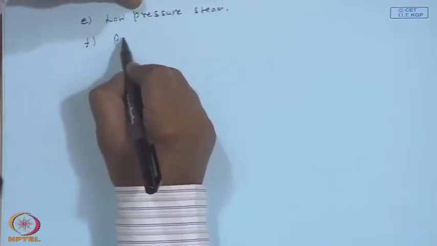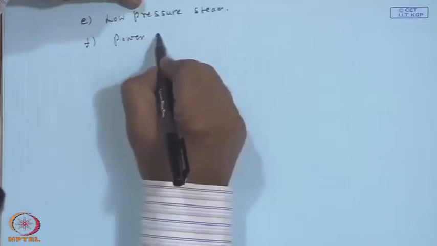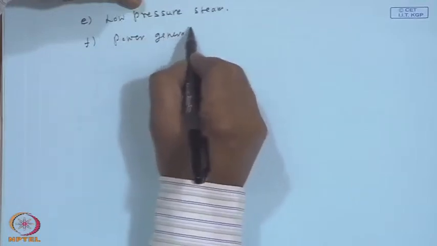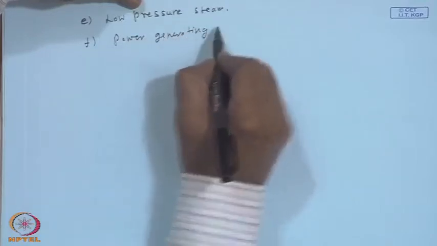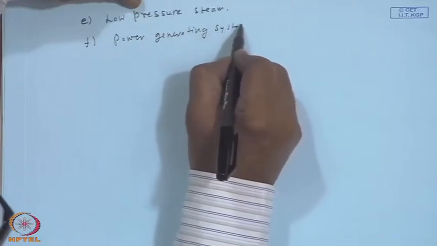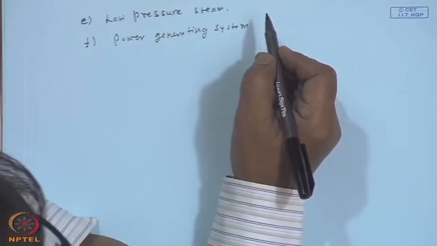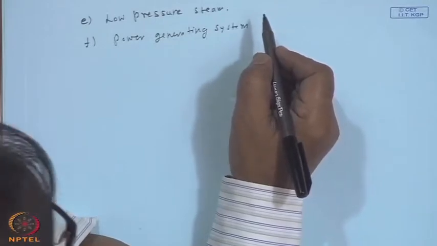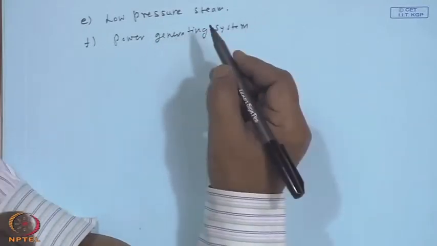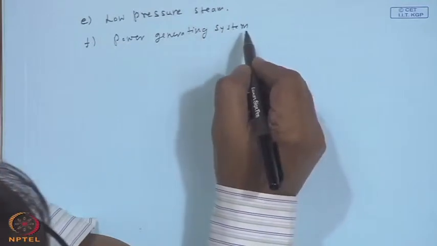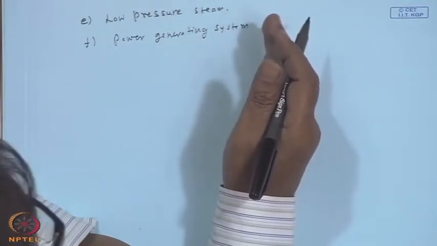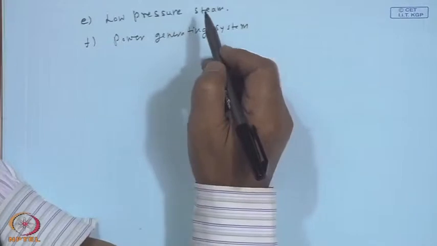Then it could be a power generating system, if you restrict yourselves to only thermal systems, solar energy thermal systems, a power generation will be through basically high pressure steam against the low pressure steam.